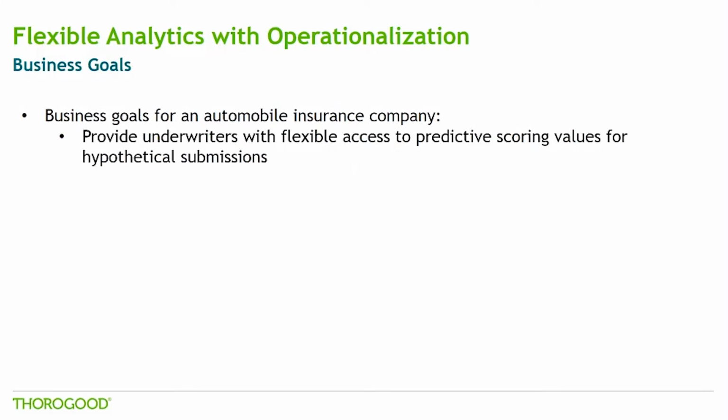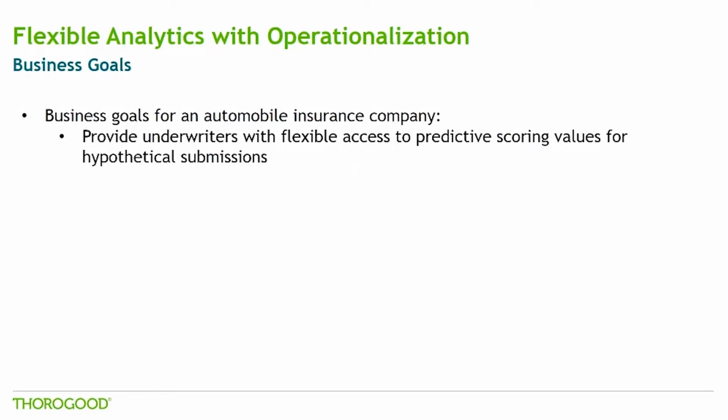We aren't going to be scoring actual submissions we've received into a database. We're going to be leveraging a model in which the users, the analysts, can come in and say, what if my driver is driving this car? What if they're this age? And then they'll get a sense of where those predicted values will fall to help with analysis.